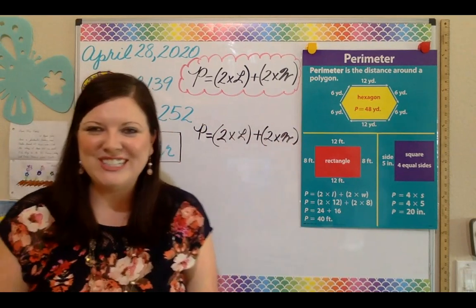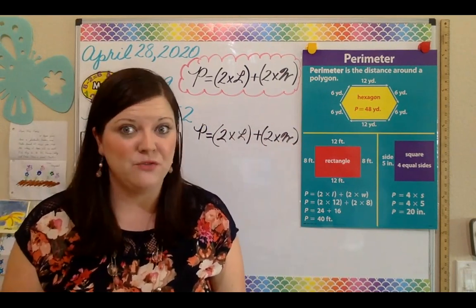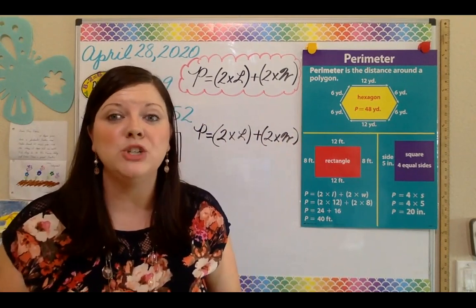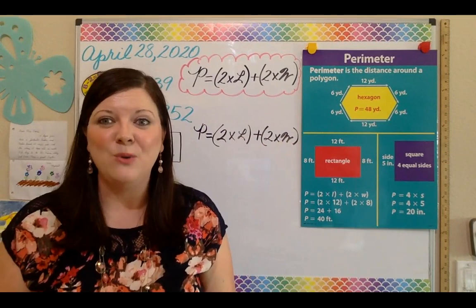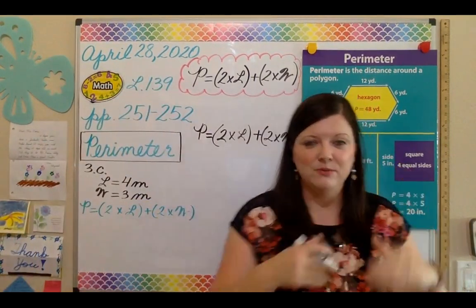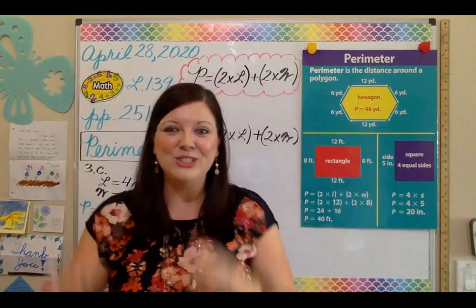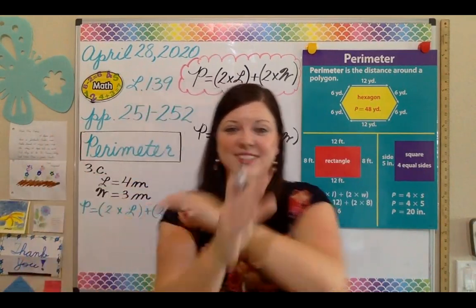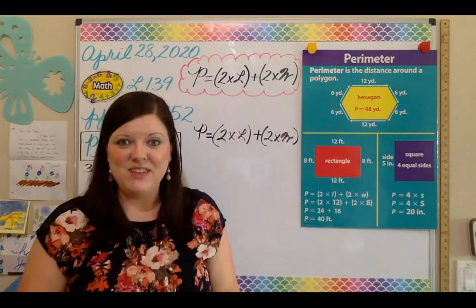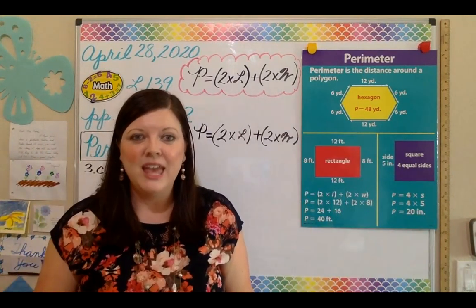Okay, the first step is to write the formula first. What is the formula for finding the perimeter of a rectangle? P equals 2 times L plus 2 times W. Say that with me. P equals 2 times L plus 2 times W.